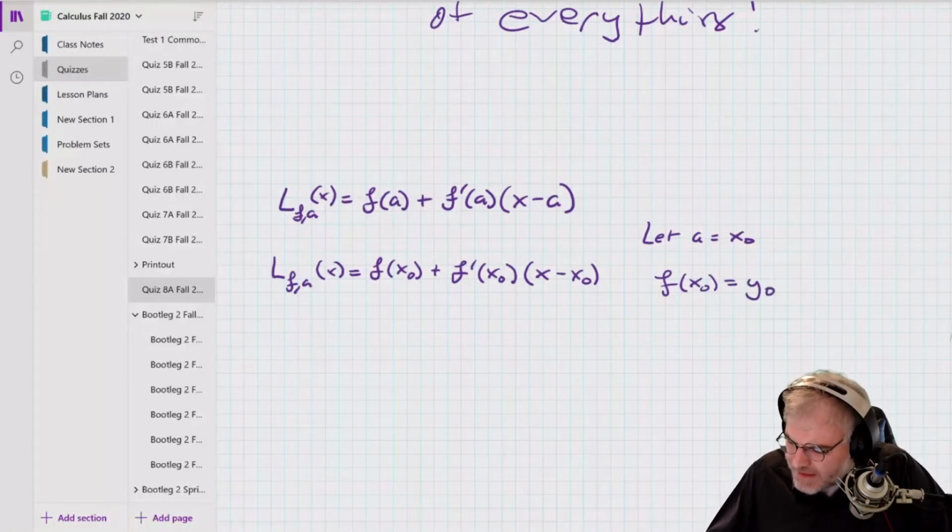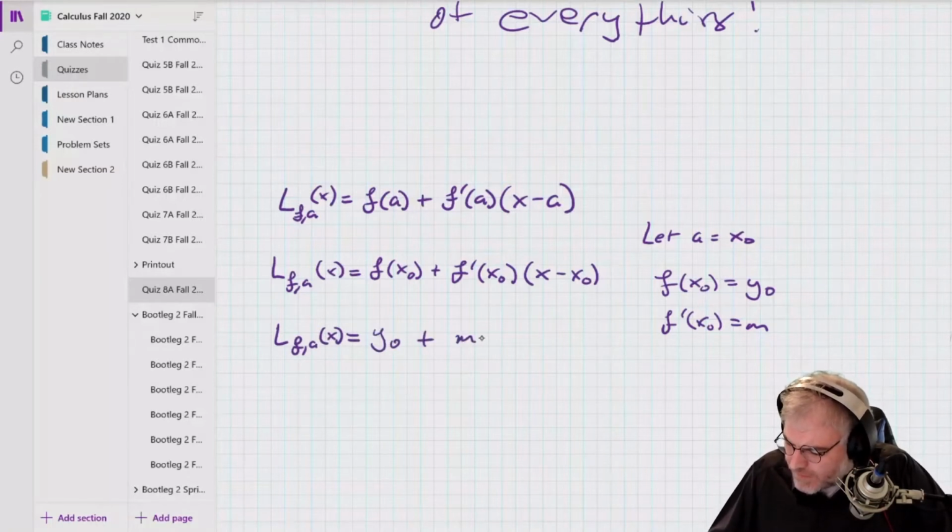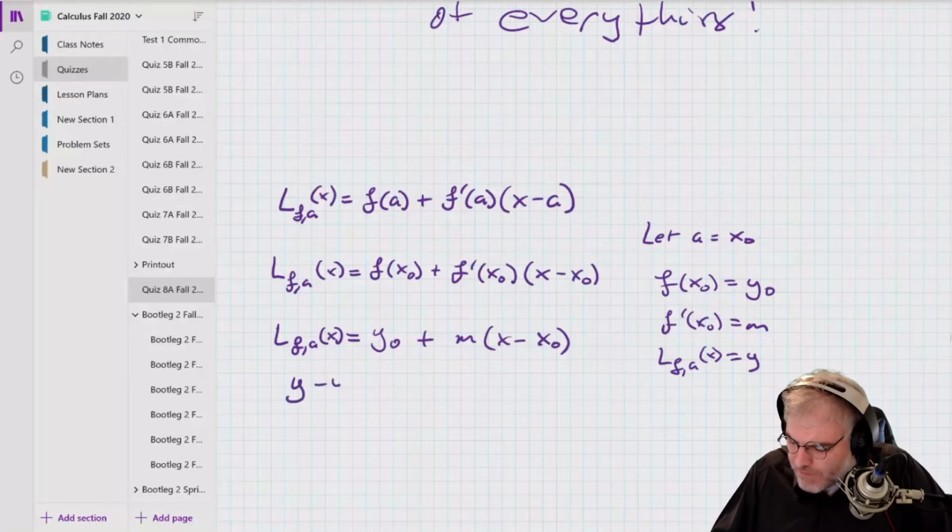And while we're at it, let's let f prime of x naught equal m. So I've got L f a of x equals y naught plus m times x minus x naught. Why not just say L f a of x equals y? And I'm going to move the y over to the other side. So I've got y minus y naught equals m times x minus x naught.